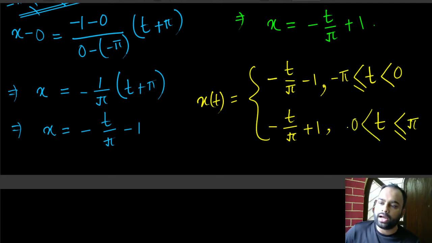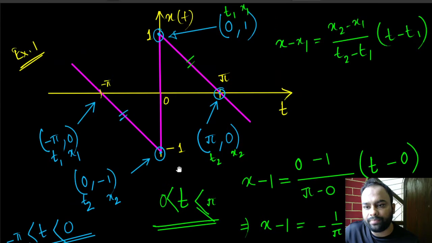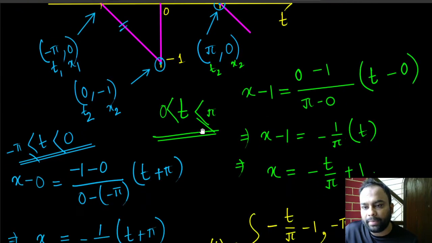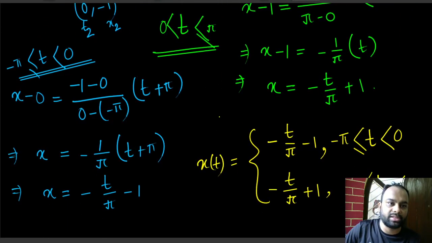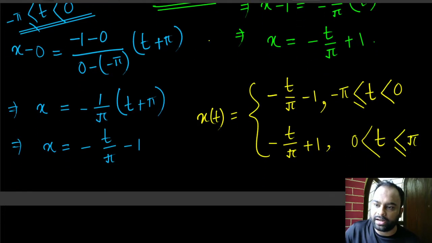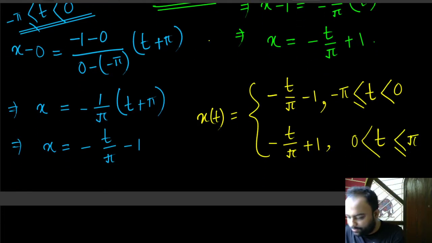And of course, there is a jump discontinuity at t equal to 0. But this is the mathematical expression for the signal I gave you earlier in the last class as an exercise problem. But do tell me if there is any issue with this. I will be holding on for 2 minutes here, but please let me know if there is any issue.